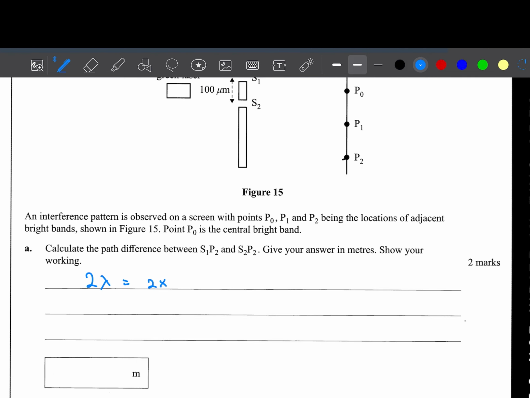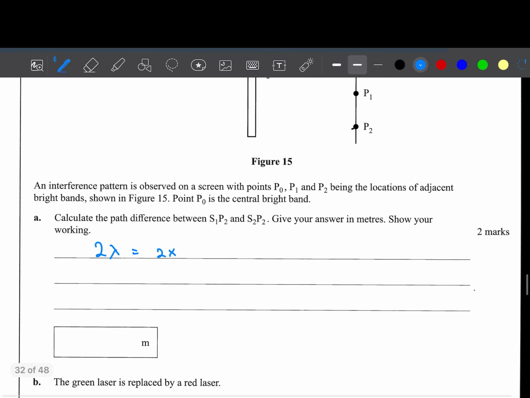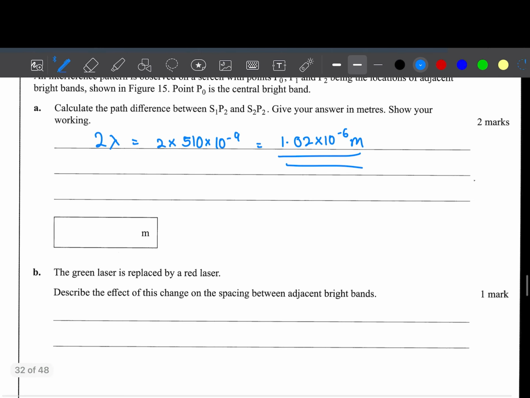So it will be 2 times, what was the wavelength again? 510 times 10 to the negative 9, which equals 1.02 times 10 to the negative 6 meters, I think should be the answer.